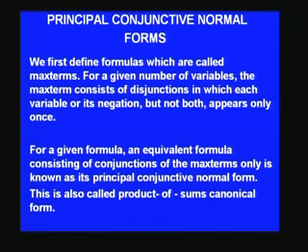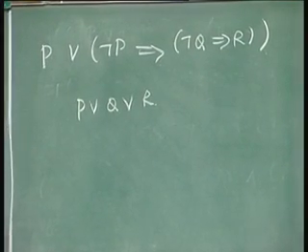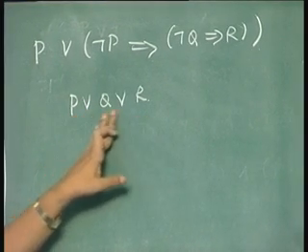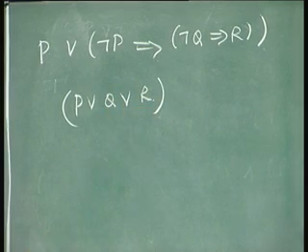The earlier example which we considered, this one reduced to this, then we added extra variables to make it to principal disjunctive normal form. Now look at this, this is a max term with 3 variables. So the whole thing reduces to just one max term in this example.